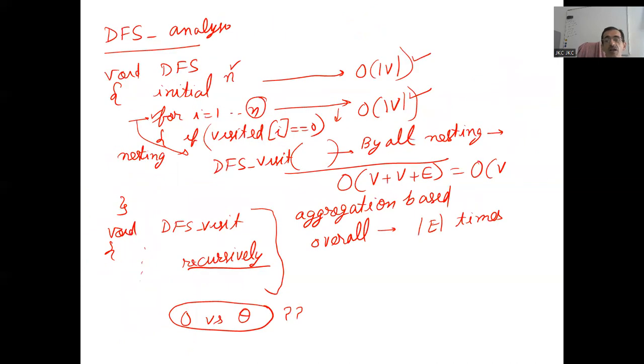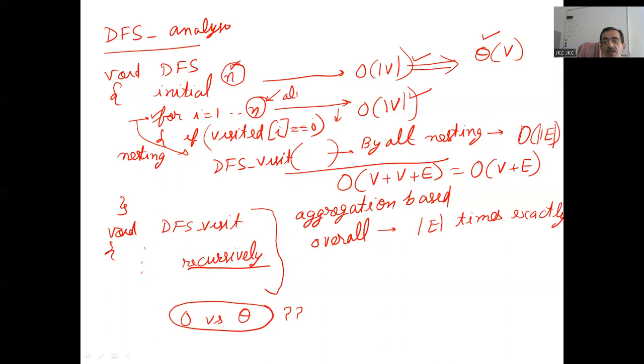On the other hand, look at the DFS. Here I wrote O in the first initialization step. Can I write this to be theta? Yes, exactly n times, irrespective of any graph, any fewer or more connections, it will always be theta of V. The visited array is checked true or false, but it will always be checked n times.